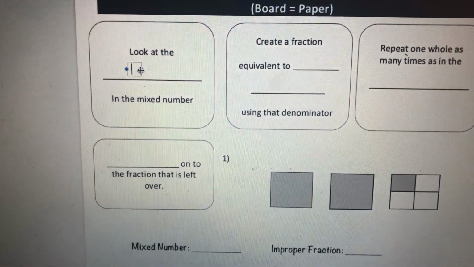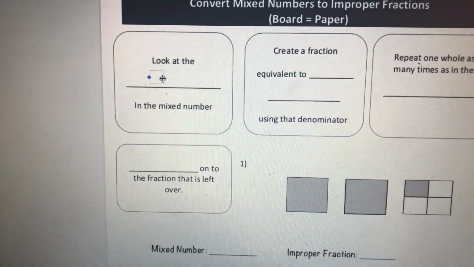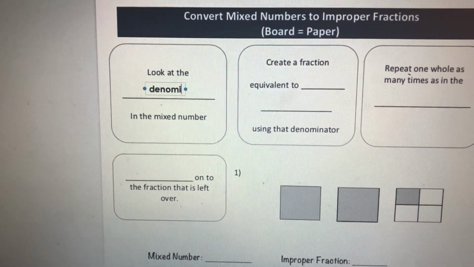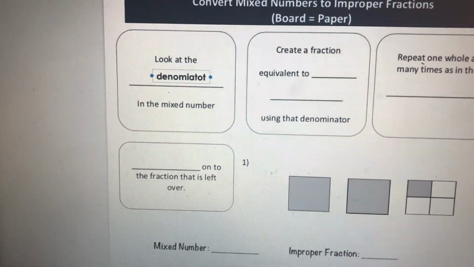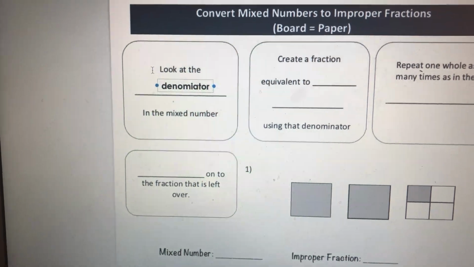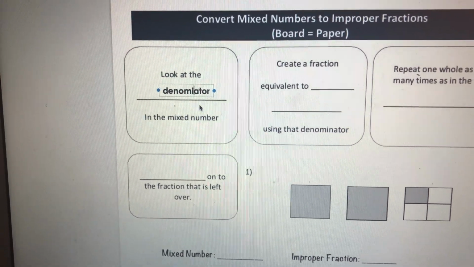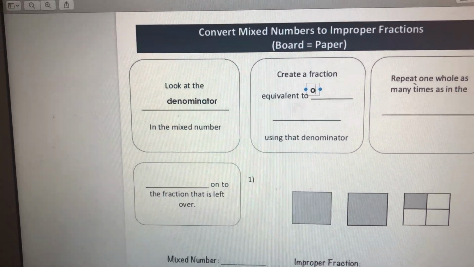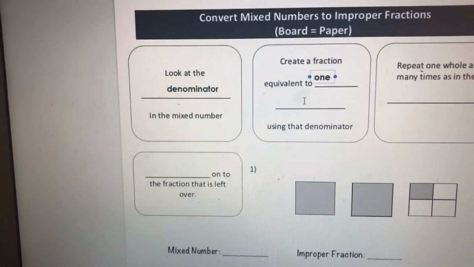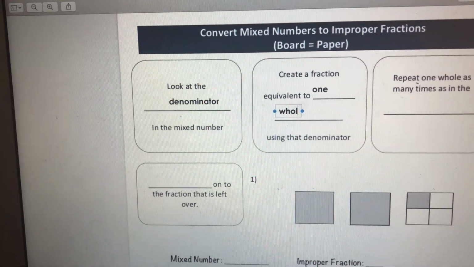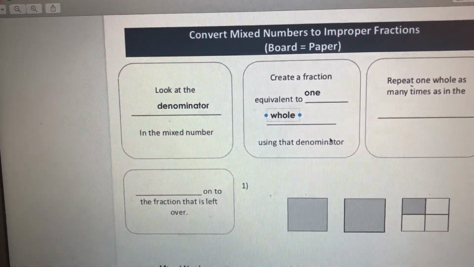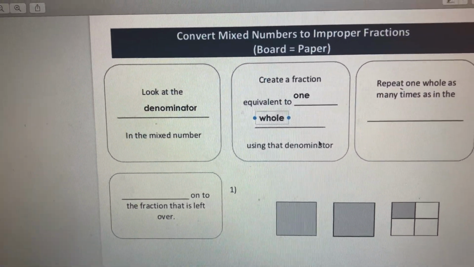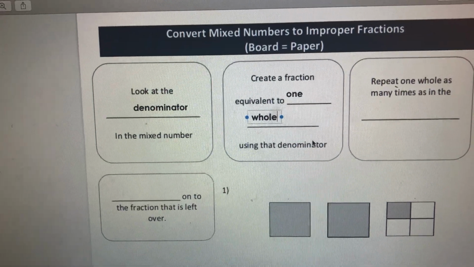There are 4 steps. Step number 1 is you look at the denominator in the mixed number. Step 2 is that you create a fraction equivalent to 1 whole using that denominator for every single whole shape or fraction, right?